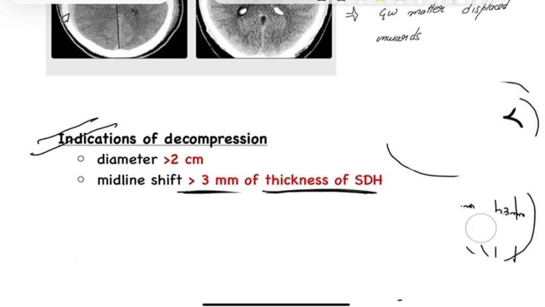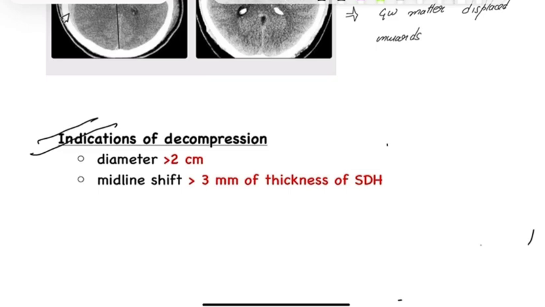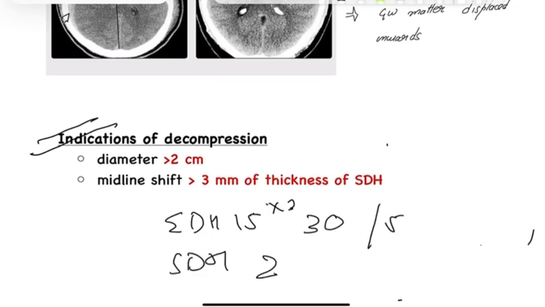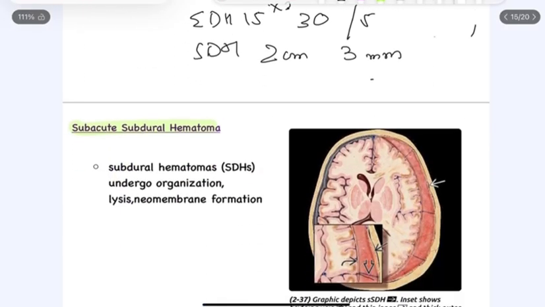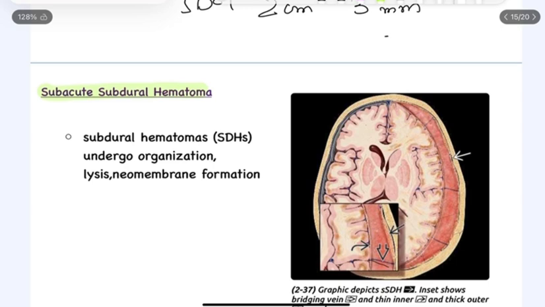So the numbers that we need to remember in EDH are 15, 30 and 5, and in SDH are 2 centimeters and 3 mm. Now we will have a look at subacute subdural hematomas.